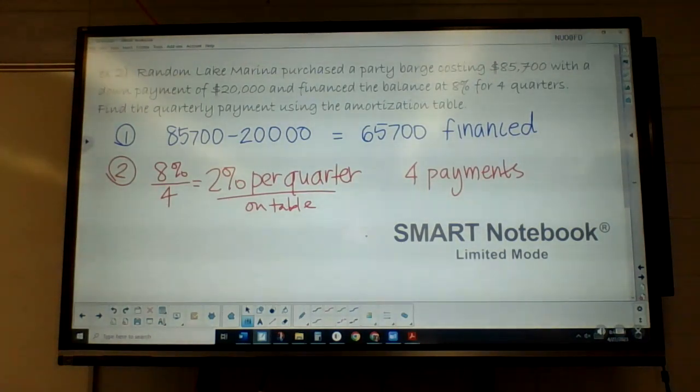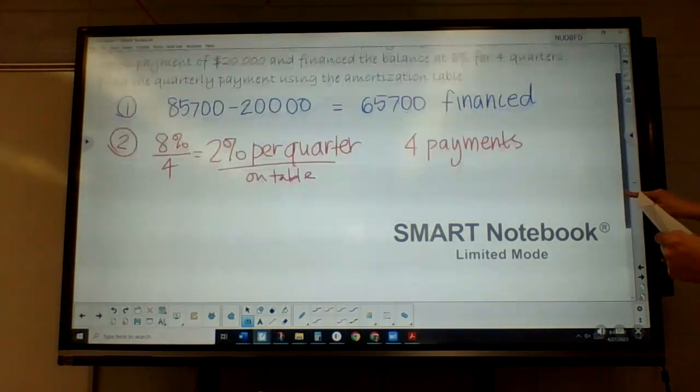So on our table now, our period is only 4, and we're at 2%. So we're only 4 down because there's 4 payments at 2% per quarter.